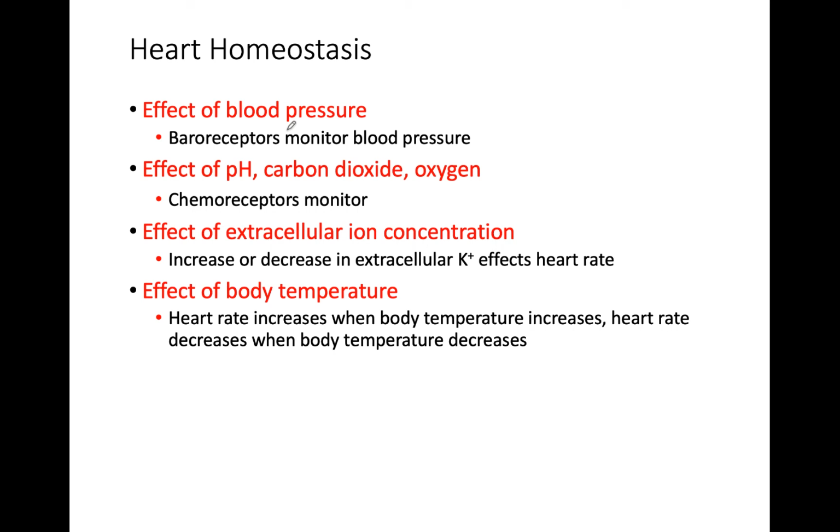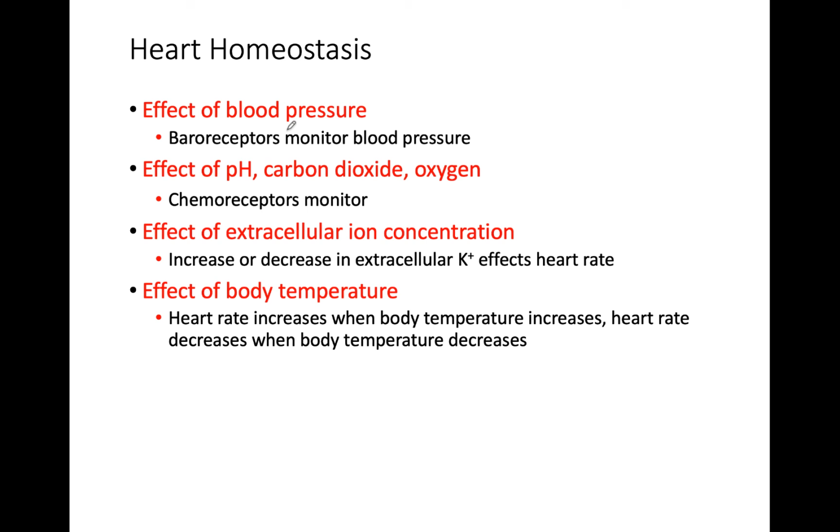If the blood pressure rises, the heart rate will slow down to make up for it. Your goal as a homeostatic individual in a normal day-to-day function is to make sure the cardiac output remains consistent. So if your blood pressure goes up, you want your heart rate to come down a little bit.